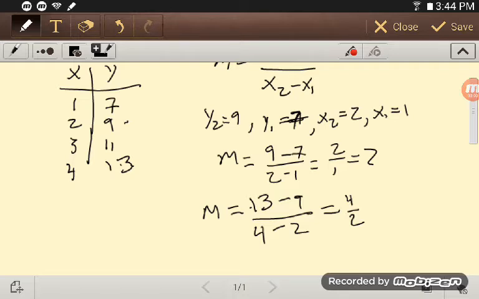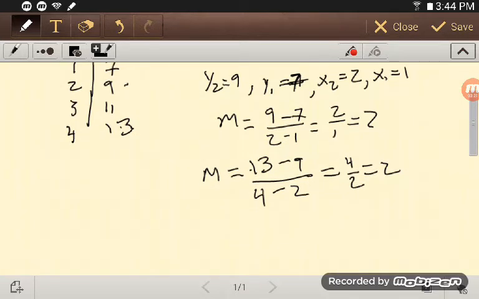Well, that's different looking than 2 over 1, but in terms of fractions it's exactly the same thing. That's 4 divided by 2, which is 2. So we get the same answer, and if we tried any combination of those we would get the same answer every single time.